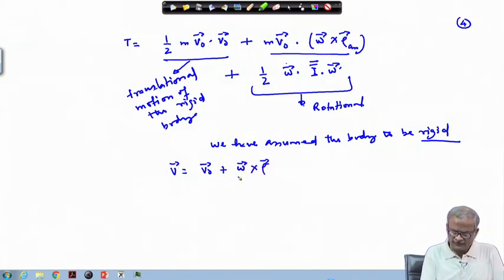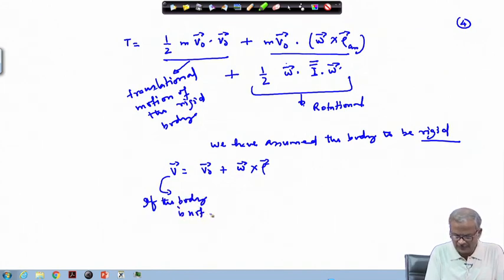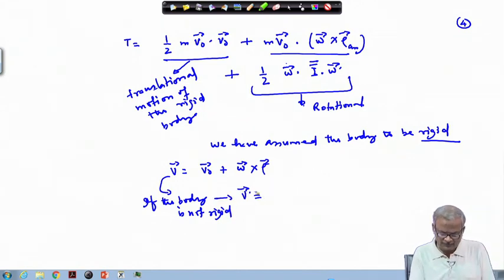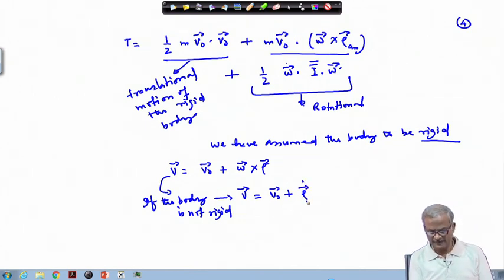But if the body is not rigid, then V is equal to V 0 plus rho dot. We have to write it this way.